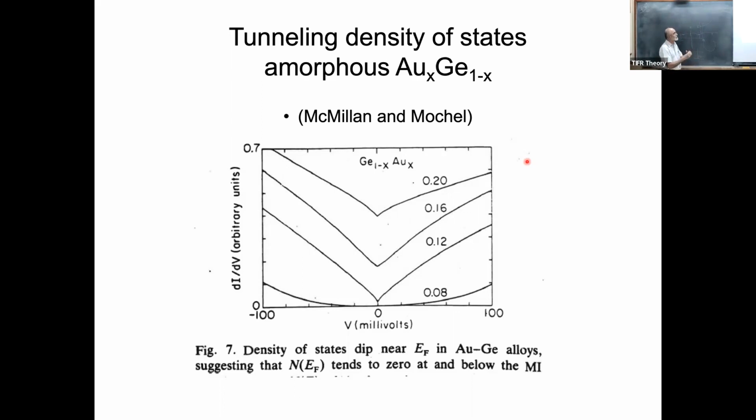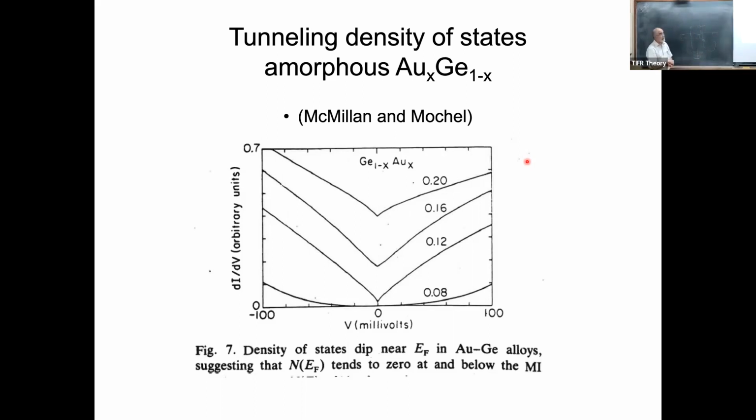But what's happening is this is 20% gold, and it looks like it has a little bit of a dip. Actually, it looks square rootish if you have a nice eye, and then it becomes even more pronounced, and eventually it becomes like this. And 0.08 is an insulating sample. It turns out that the metal insulator transition happens here around 0.11 or something like that.